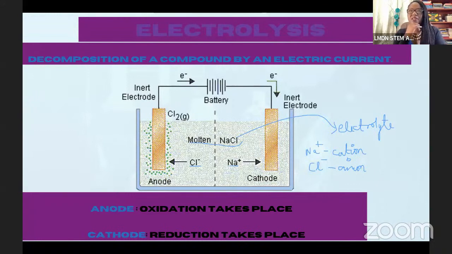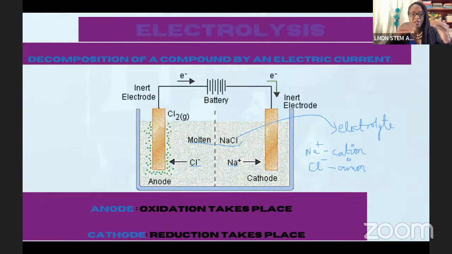A very integral component of an electrolysis cell is what we call the electrodes, right? The electrodes are these regions in the electrolytic cell to which the ions are attracted or drift towards, depending on the charge of the ions that are in the electrolyte.